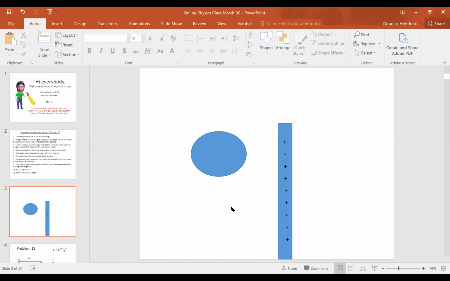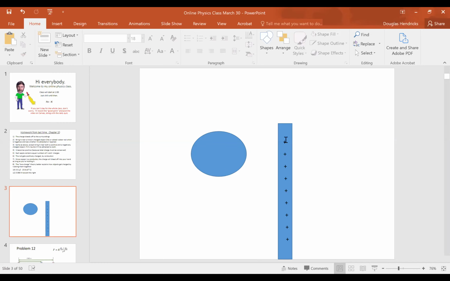So this ball here is neutrally charged. And yet, as they say in the book, this neutrally charged object will get attracted to the rod, which Jaren is correctly saying, wait a minute, at first glance, that doesn't make sense. But the key is charging by induction.